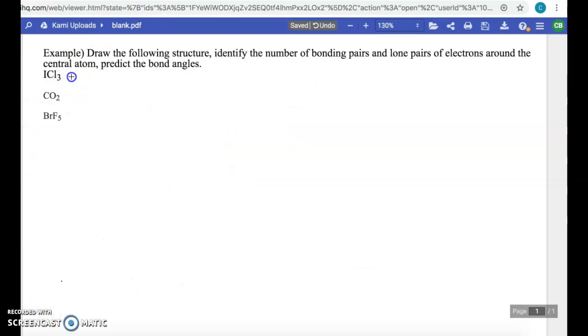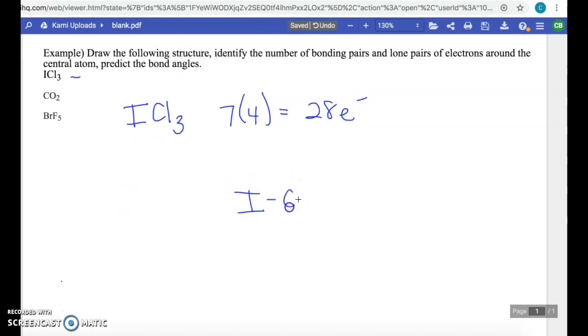All right, let's take a look at iodine trichloride. Go ahead and pause the video and try to draw it. All right, so you should have found that we have 4 group 17 atoms here. So when we count up the valence electrons, it's 7 times 4 for 28 valence electrons. Iodine's our least electronegative, so it's going to go in the center.